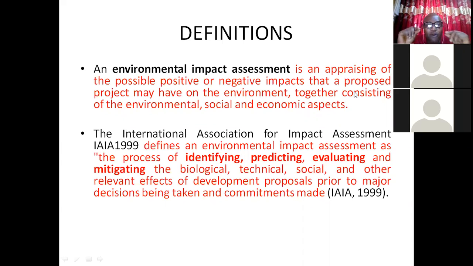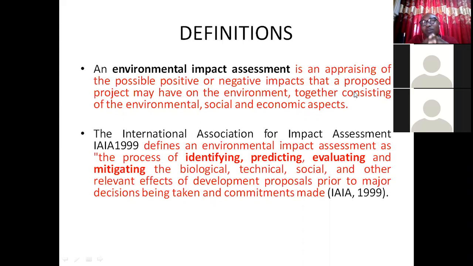What are the likely problems this project will cause? Not now, but probably in 5 years' time, 2 years' time, 3 years' time. It will predict it, and it will even evaluate whether the impacts are minimal or large, or whether it is a residual impact or just a one-time or cumulative impact.